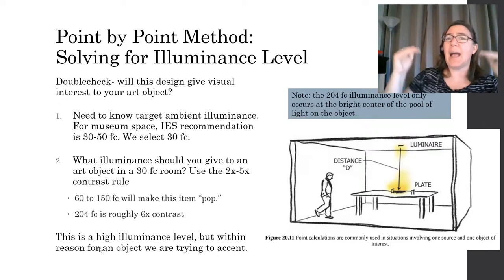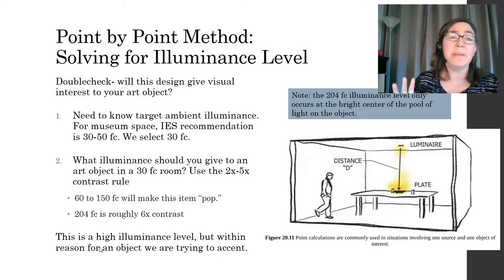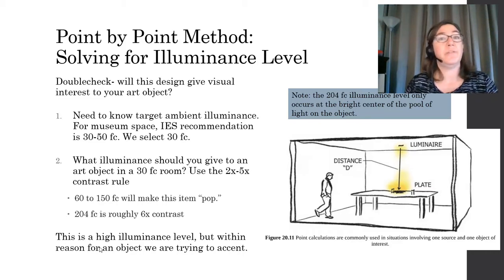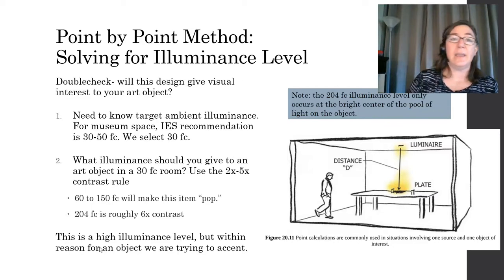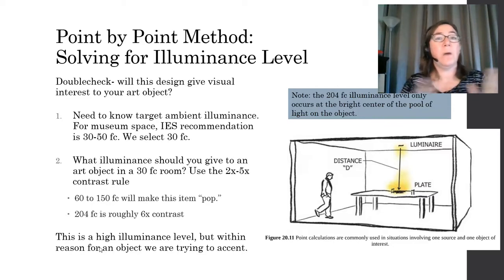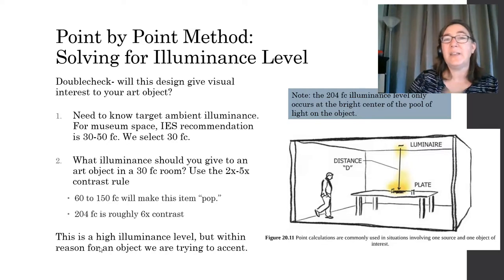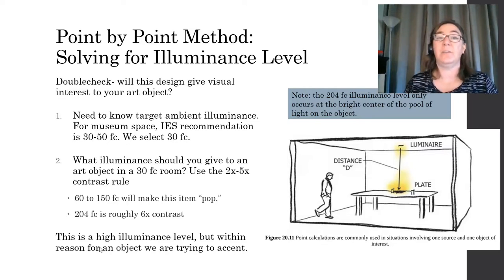Well, as a designer, I actually want this room to be fairly dim, so I'm going to select the lower end of that and choose 30 foot candles for my ambient illumination in the room. Therefore, what's my target illuminance for an art object? Use the 2 to 5 times contrast rule, and we find out that we want somewhere between 60 to 150 foot candles to really make this item stand out.